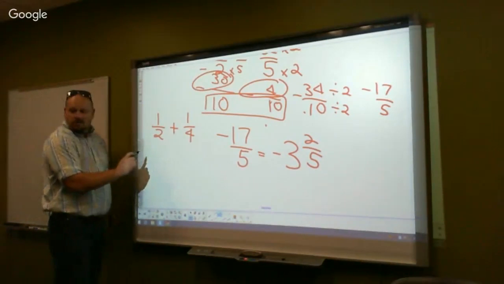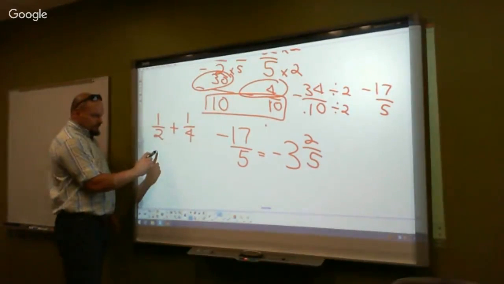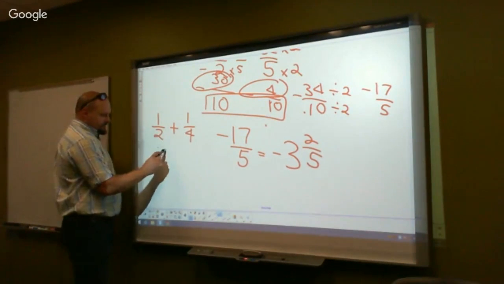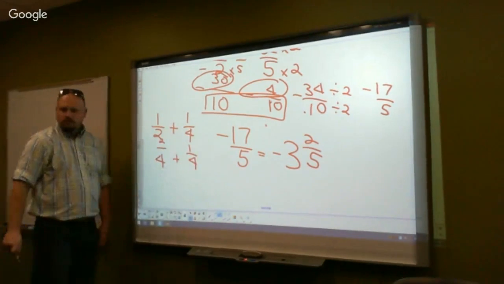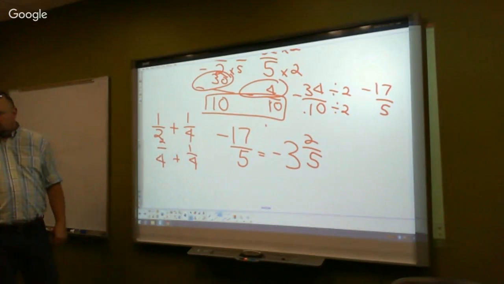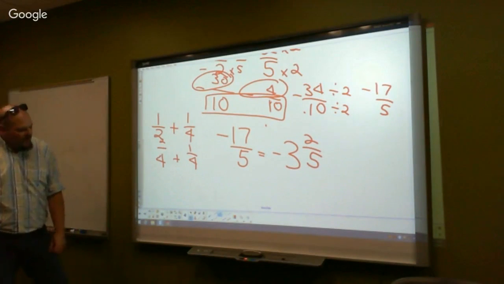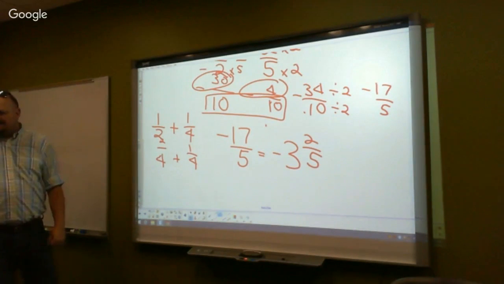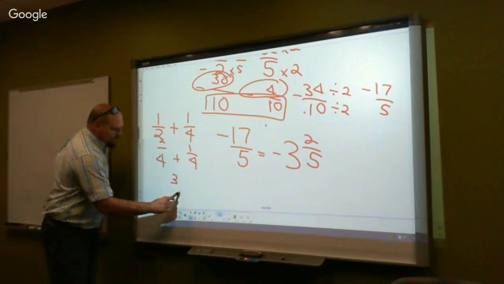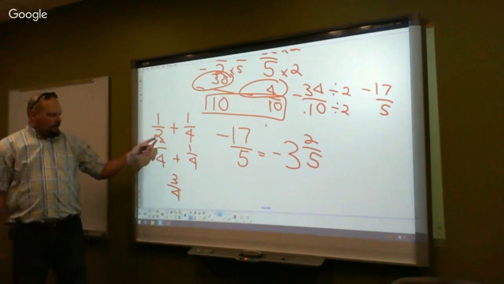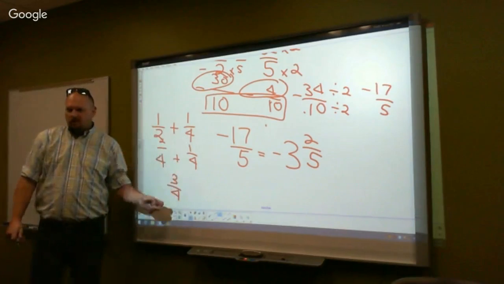How many fourths is equal to 1/2? 2 fourths. What's 2 fourths plus 1/4? 3 fourths.